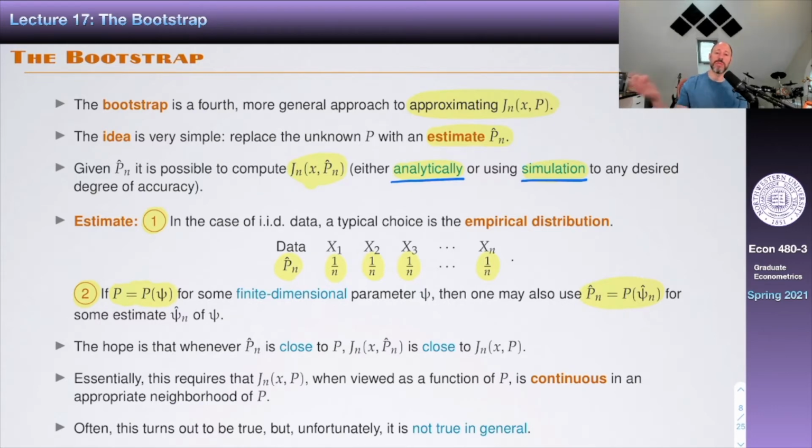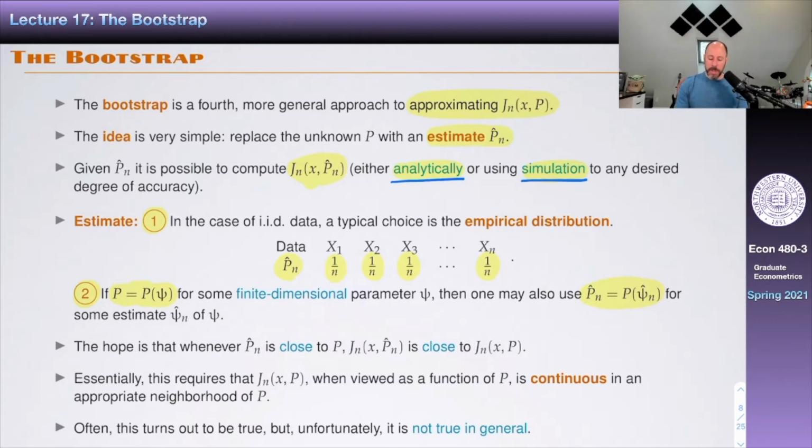Suppose you assume the data comes from a normal with mean mu and variance sigma squared, then you can estimate mu and sigma, and then you can just simulate values from a normal with mean x bar and the sample variance. That would be a parametric approach to get an estimator of the distribution P.